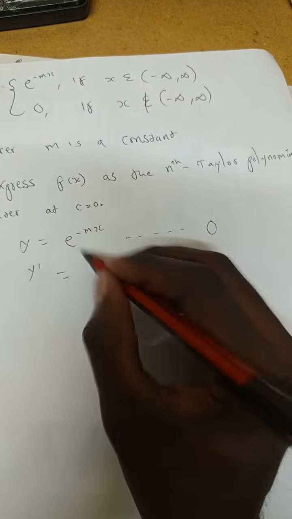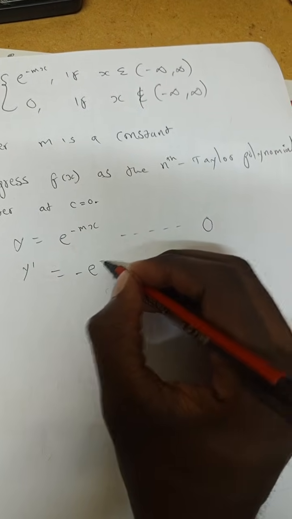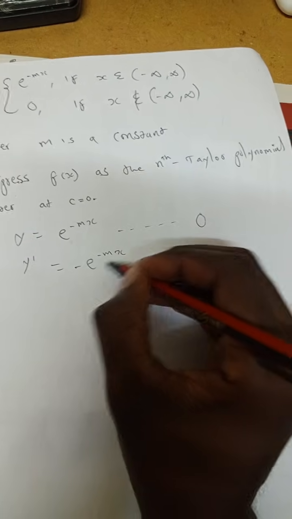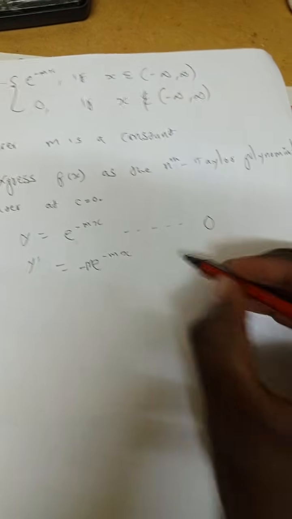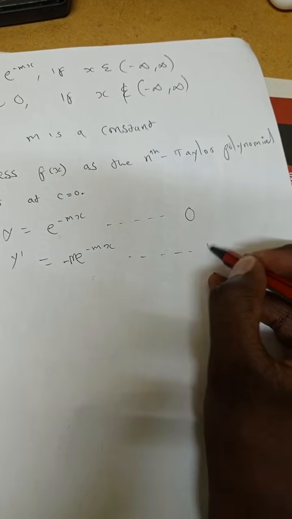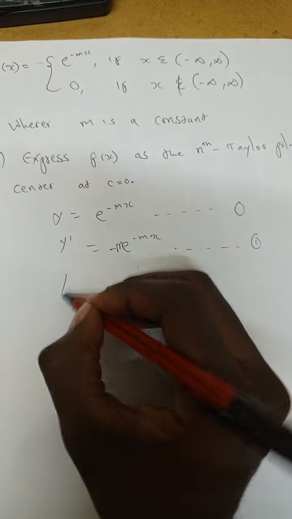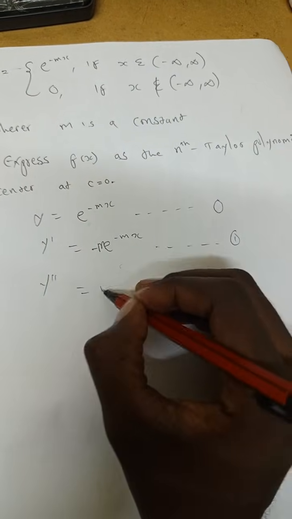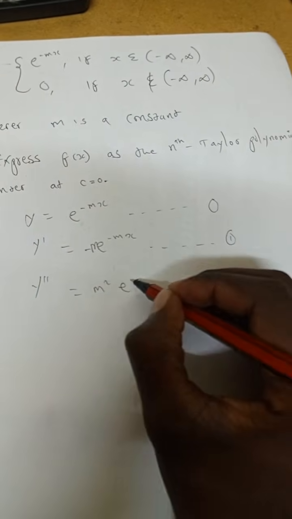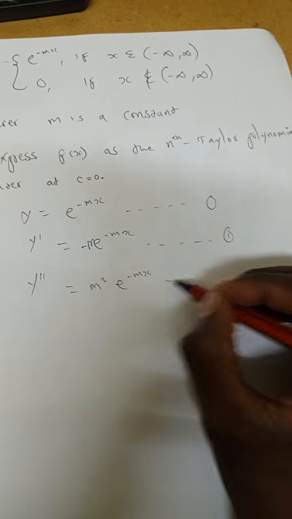Then when we differentiate this, we know that it's negative exponent negative m x, isn't it? With an m here. So we have differentiated for the first time. We differentiate for a second time, we're going to get m squared exponent negative mx, like that. This will be what? 2, isn't it?